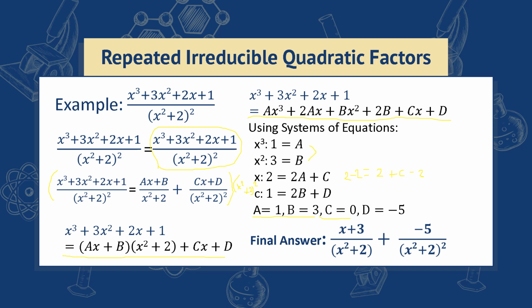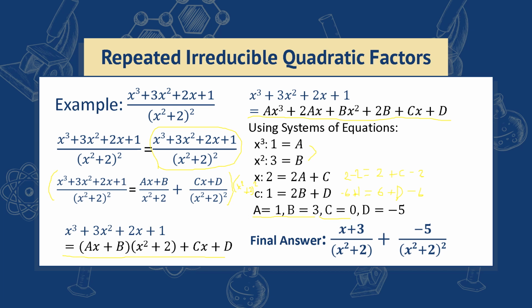And input b in the fourth equation so that we have 1 is equal to 2 times 3, which is 6, plus d. And then get the difference of 6, and we have d is equal to negative 5.